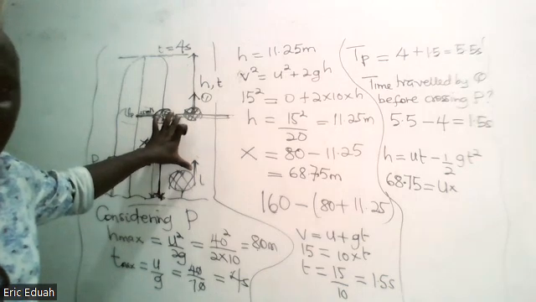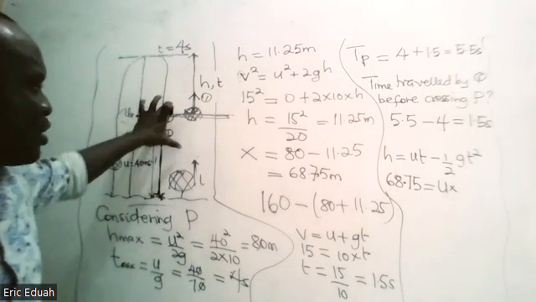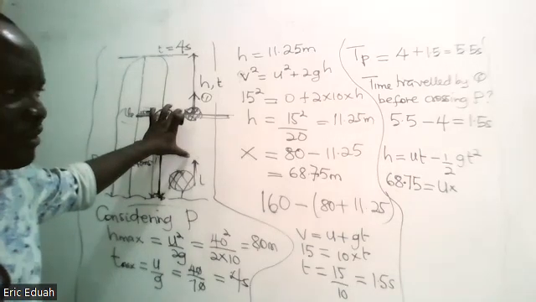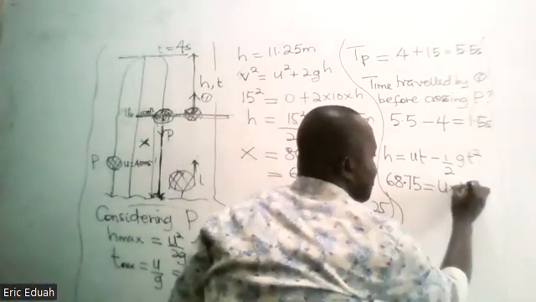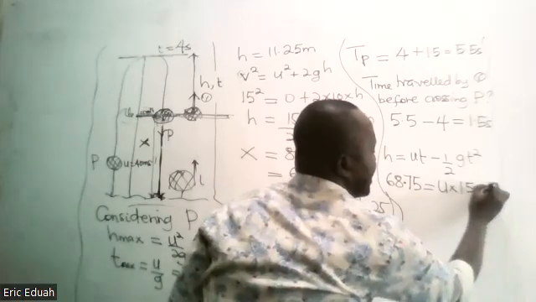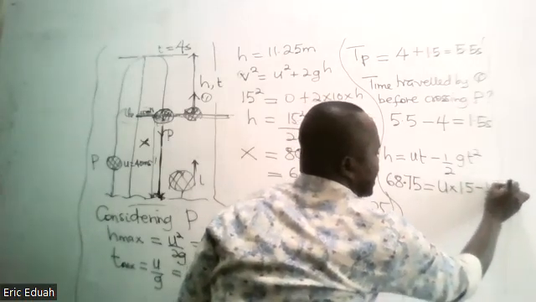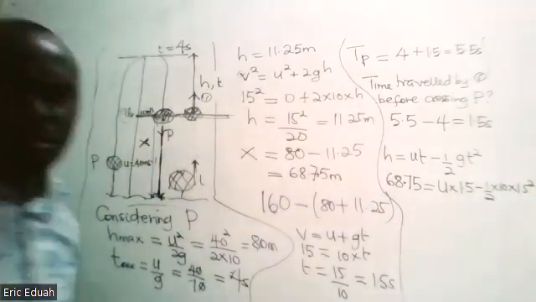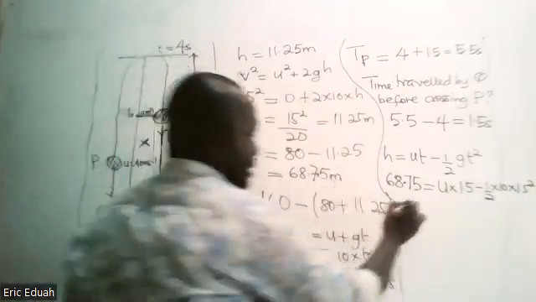Now, before crossing P, what's the time traveled by Q? 1.5. So U times 1.5 minus half times 10 times 1.5 squared. So put them in.